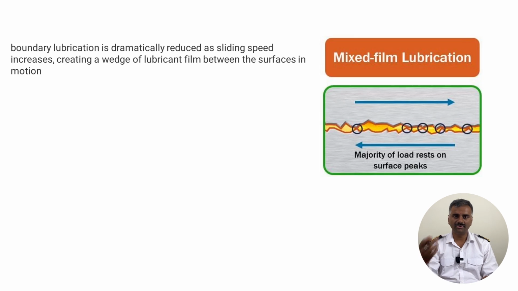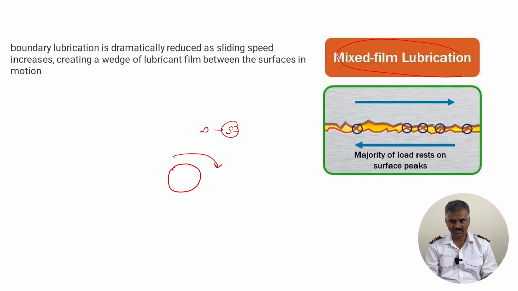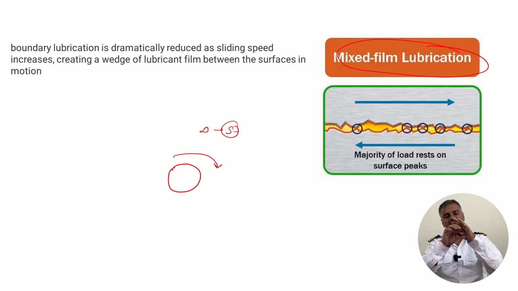As we move ahead, the shaft starts rotating a little more, and say we have moved from dead slow ahead to slow ahead. At that time there is a film lubrication which is called the mixed film lubrication. The boundary lubrication is dramatically reduced as the sliding speed increases between the shaft and the bearing.